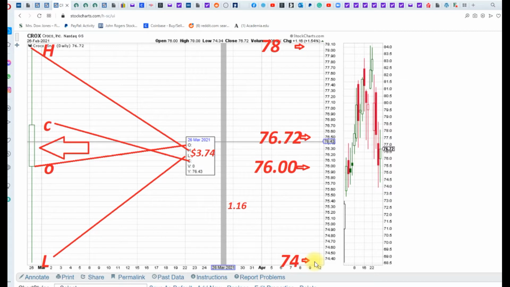So we got a $4 move in here, and actually all it took is from here 76 to 76.72. So the total movement covered more than what actually happened. We got $1.16 on the movement, but actually the stock moved from 74 to 78. $3.74 was the total movement of the day.